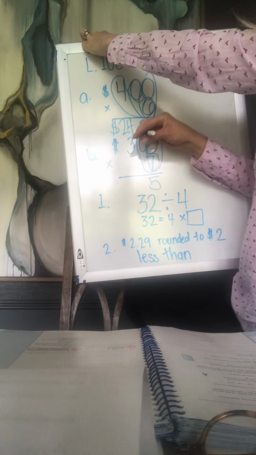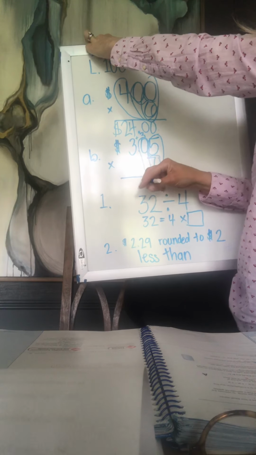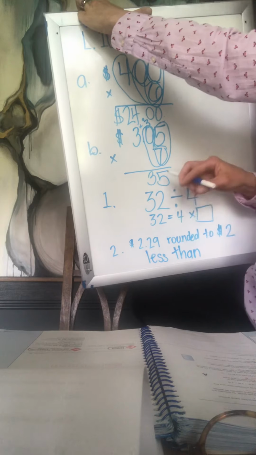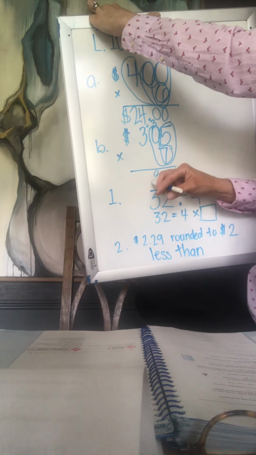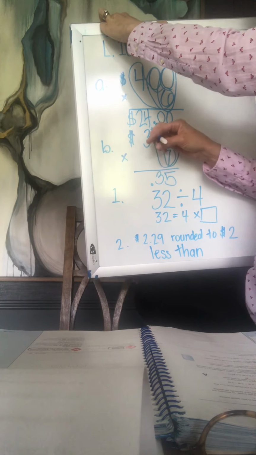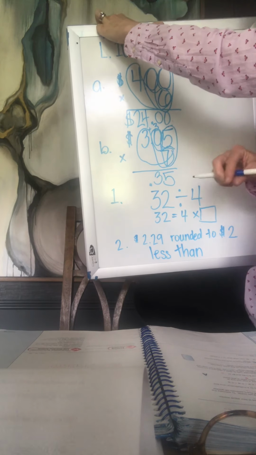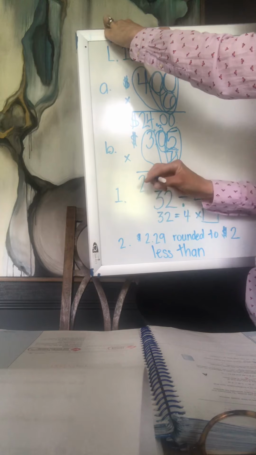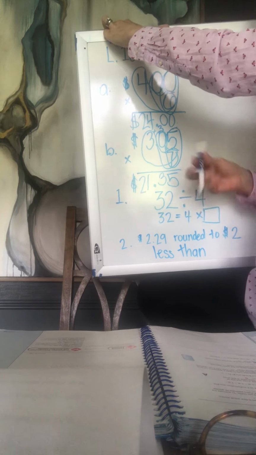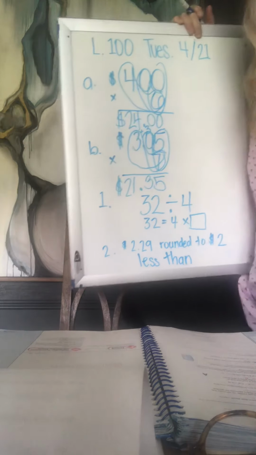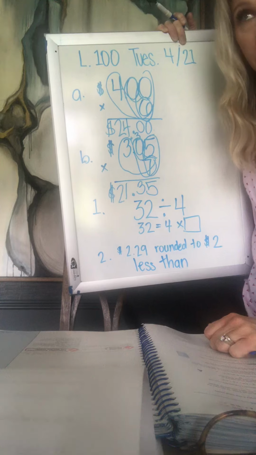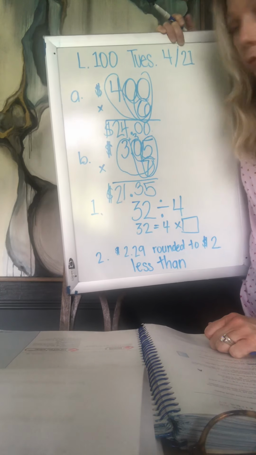So this is a 0, but I have a little 3 up there, so I'm going to add my 3. Here's the part where we need to remember the decimal, okay? So we have two place values there, then we add that decimal. 7 times 3 is 21. And then I'm going to add my dollar sign, okay? So multiplying dollars and cents, the details that need to be remembered are decimals and dollar signs.